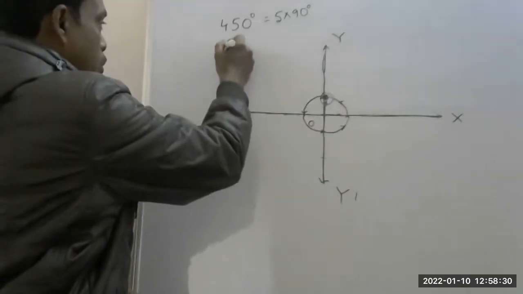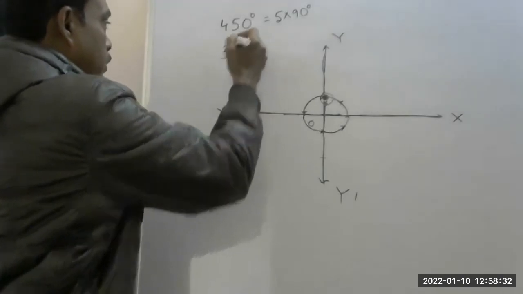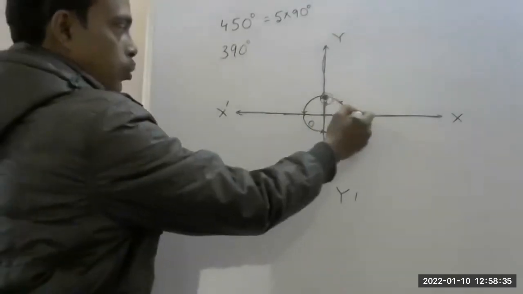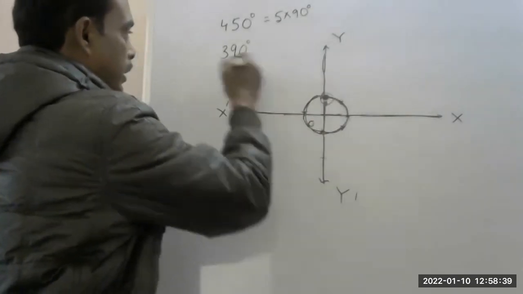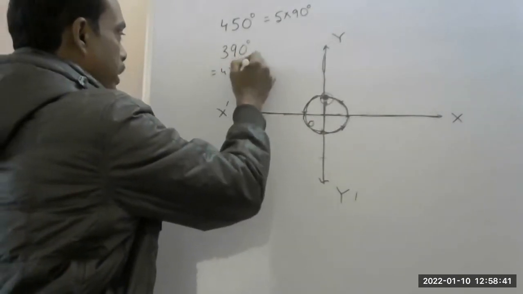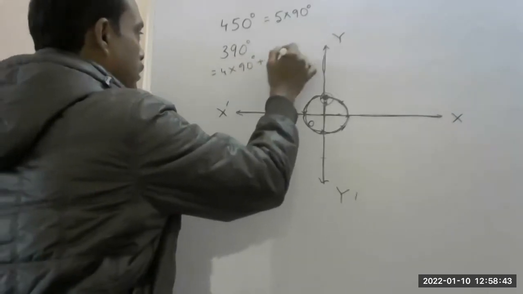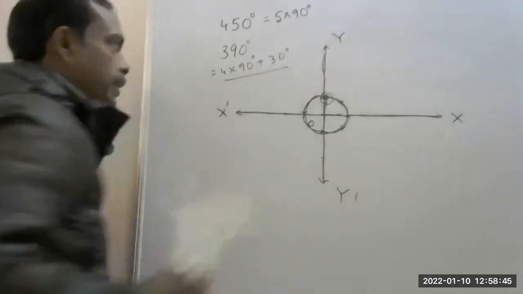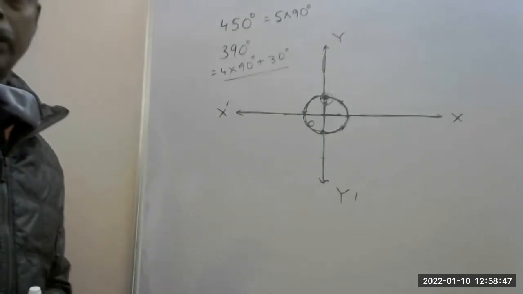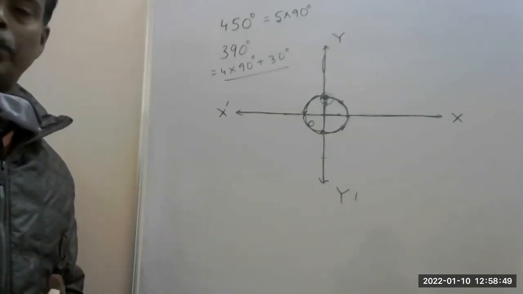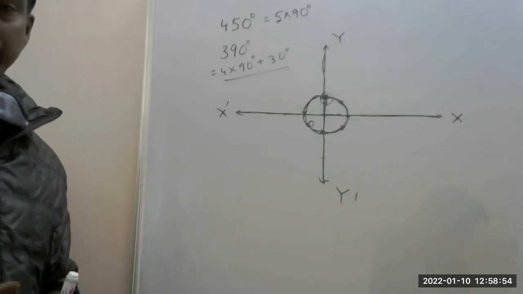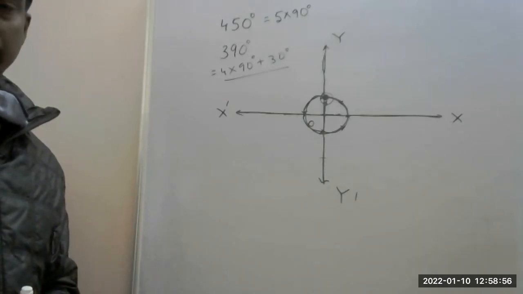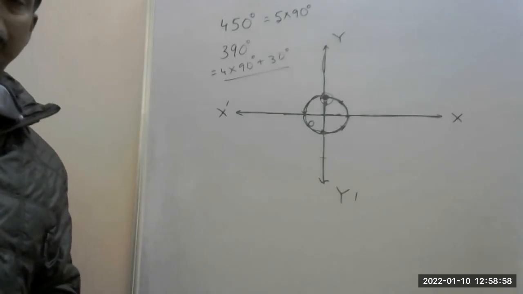If you want 390 degrees, where is it situated? Once it comes anti-clockwise, that is 360 degrees. 390 degrees we can write as 4 into 90 degrees plus 30 degrees. Can I write this? 390 equals 4 into 90 plus 30.